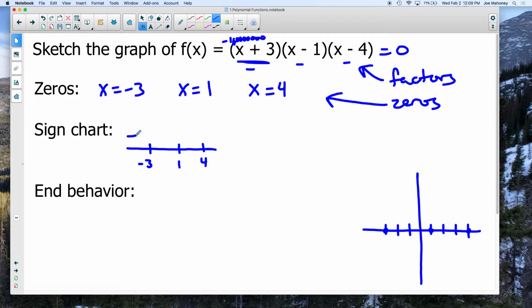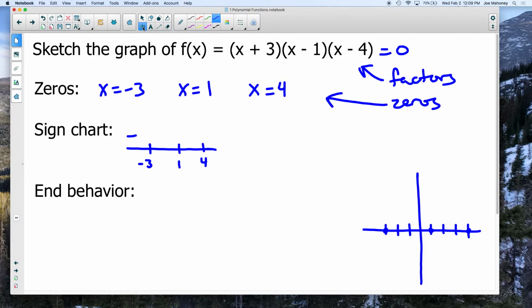So what I know then is the y value is negative to the left of negative 3. Now, let's go between negative 3 and positive 1. A number like 0 is a nice number between there.